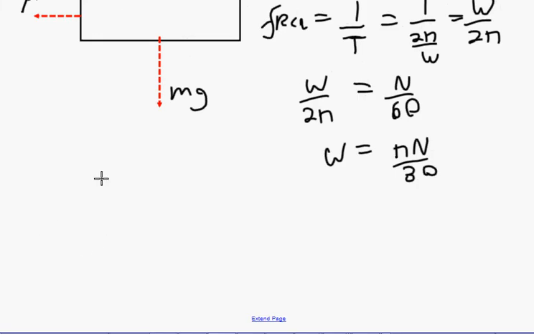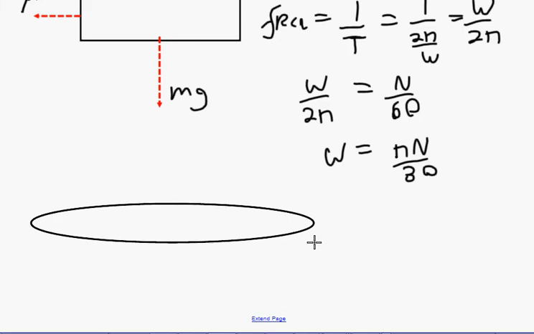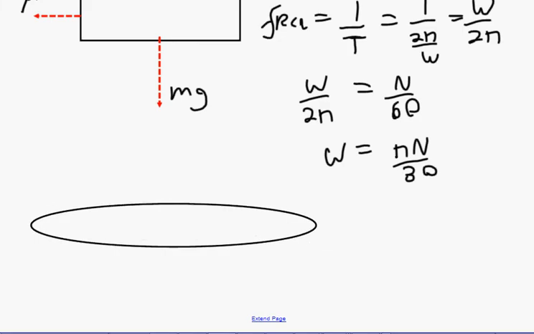Now, if you imagine what's going on, here's how I'm visualizing this. There's a table, and on this table it's spinning around. And then there's the block that's on it. Which way is the block sliding? The block is sliding out to the radius, so that's where its friction is going.